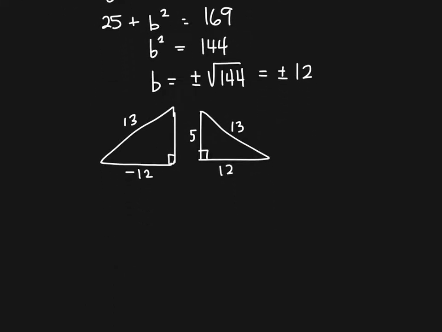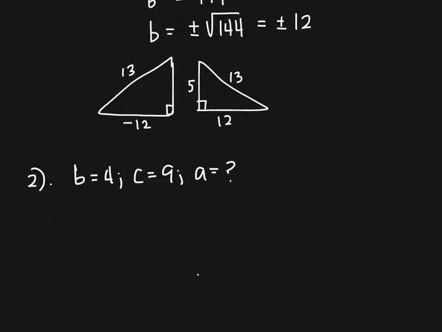The second example might be something like this, where you have B equals 4, C equals 9, and A is your unknown value. Again, if it's a right triangle, you can drop those values right into A squared plus B squared equals C squared.